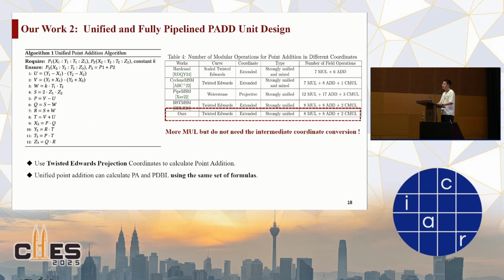Based on the efficient modular multiplier, we designed a unified and fully pipelined point addition unit. We utilize the unified point addition algorithm in twisted Edwards projective coordinates, and compared to other designs, it contains more modular multiplications, but it doesn't need to transform the intermediate coordinates.